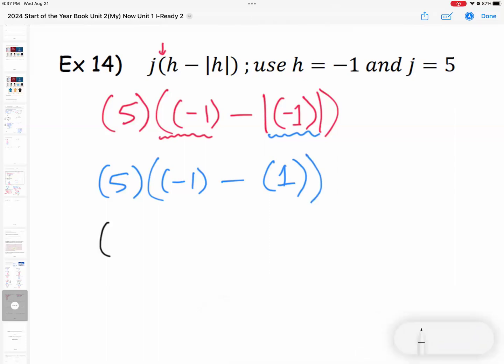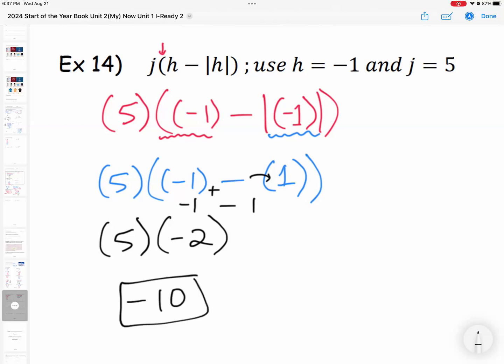And then we have 5 times -1 plus this -1 is -2. You could also look at it like -1 minus 1 if that's easier for you to see visually because there's just a lot of parentheses happening right now. So you still get -2 though. And then 5 times -2 is that -10. So you should end up with a result of -10 there.